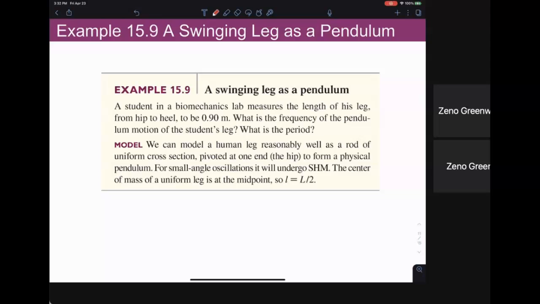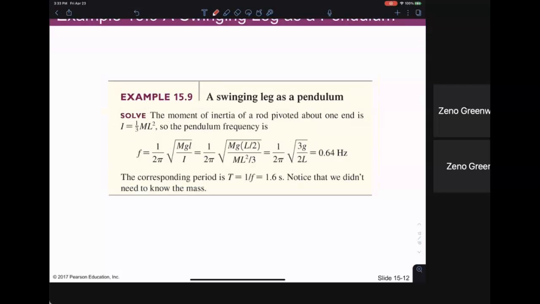The center of mass of a uniform leg is at the midpoint, so we'll call the distance from the pivot to the center of mass L/2. When we solve, we see that the moment of inertia of a rod pivoted about one end is 1/3 mL squared. So we calculate the pendulum frequency as 1/2 pi times the square root of mgL over the moment of inertia.